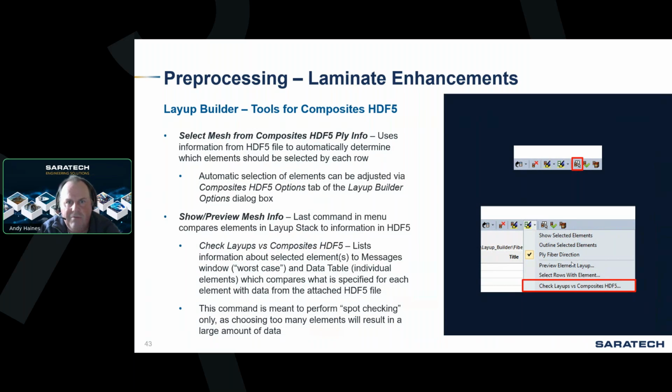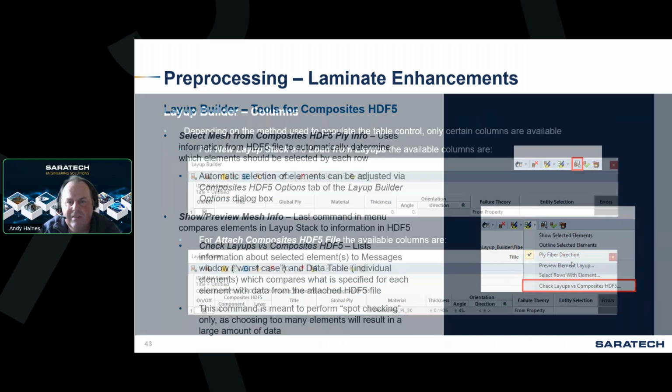Unfortunately, you don't have that information when you just make a new layup stack, but it does exist in the HDF5 file. You can also show previews and mesh info. And again, there is that command down at the bottom, which is check layups versus composites HDF5, but that's more of a spot checking piece of functionality than anything else.